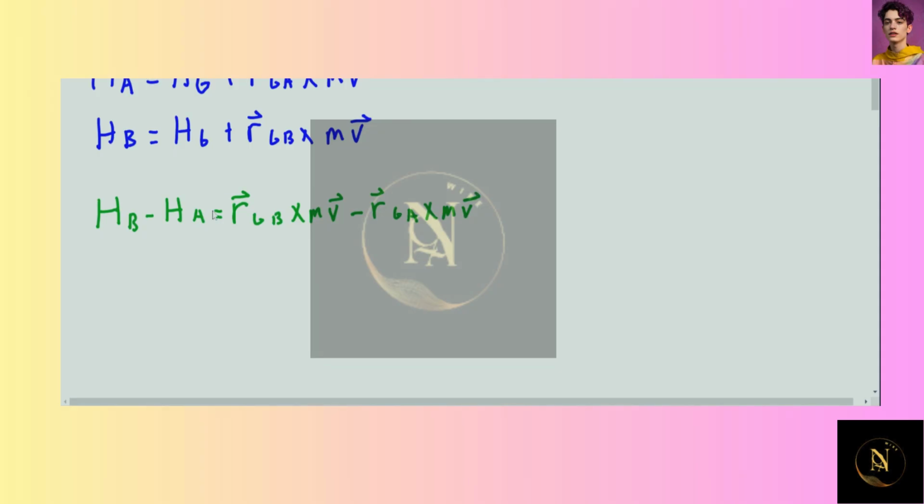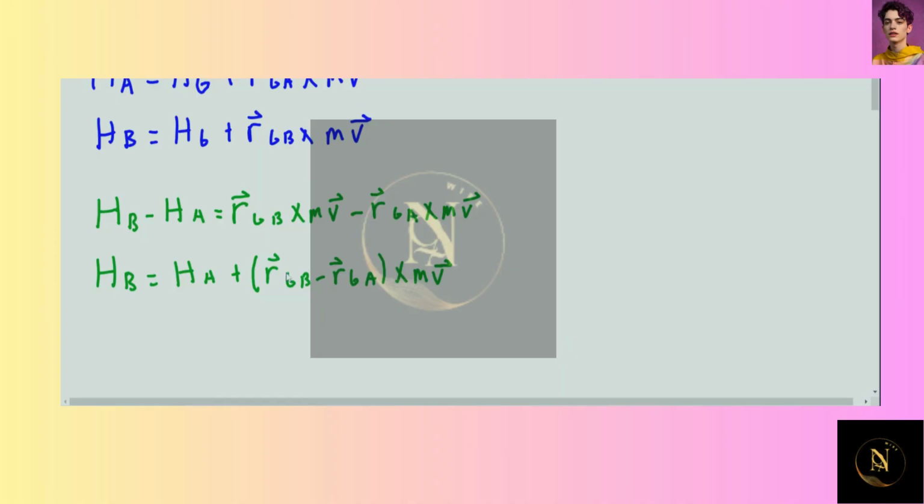And we're going to take this h of A and add it to the other side. So rewriting this, we have h of B is equal to h of A plus R of GB minus R of GA cross MV.